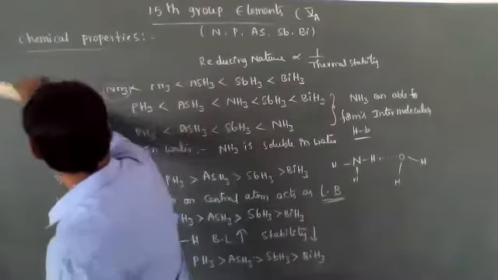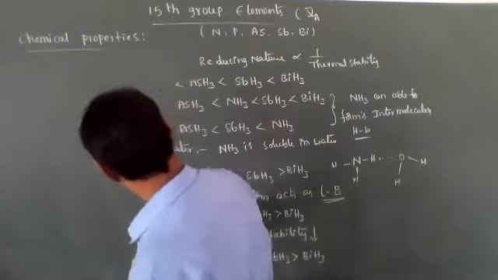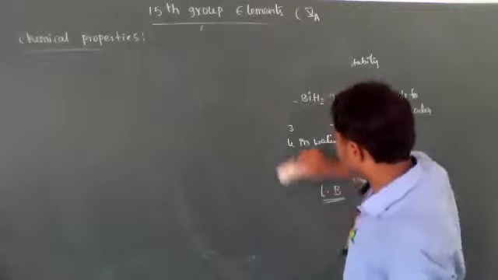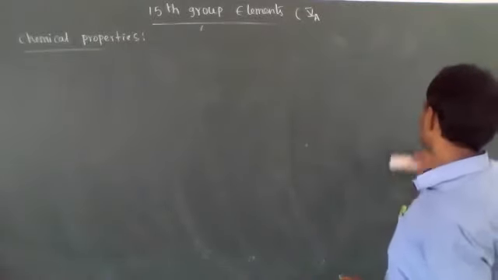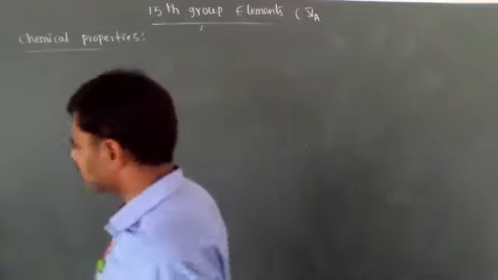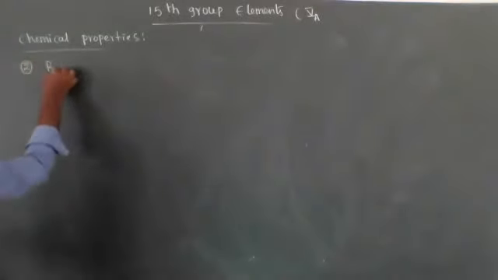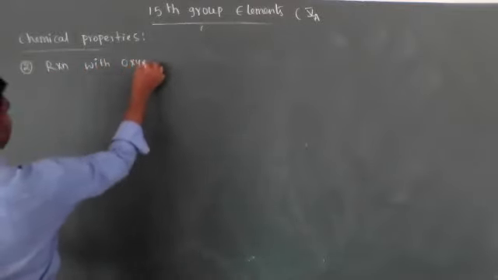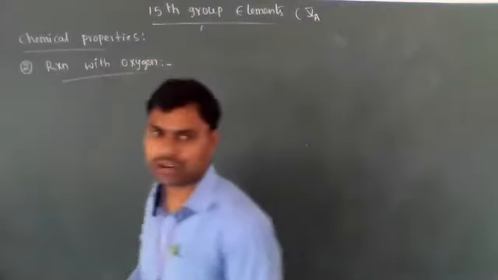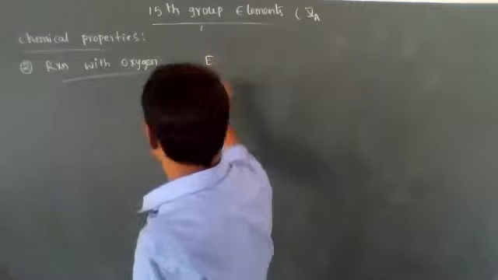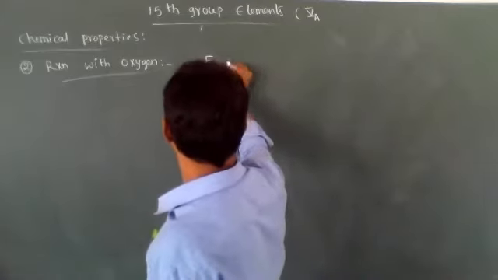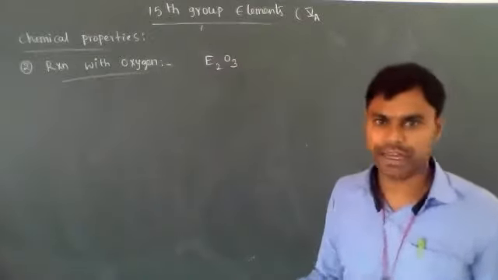Next, reaction with oxygen. Let's see. Group 15 elements combine with the oxygen atom and form oxides. They form two types of oxides. One is trioxides, with general formula E2O3.